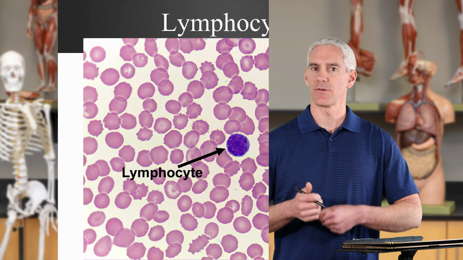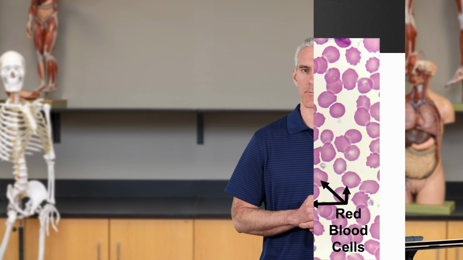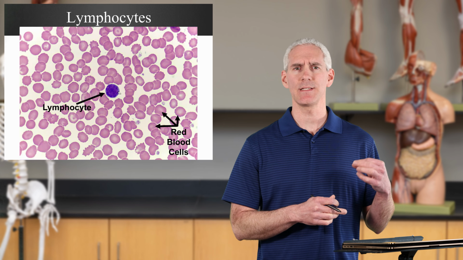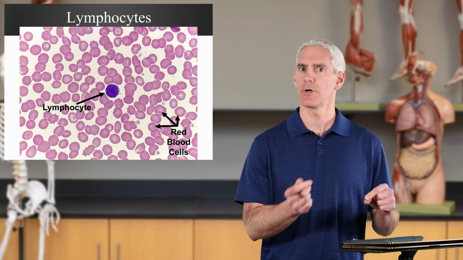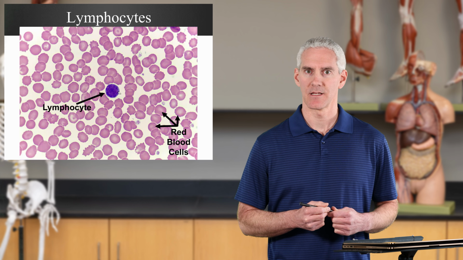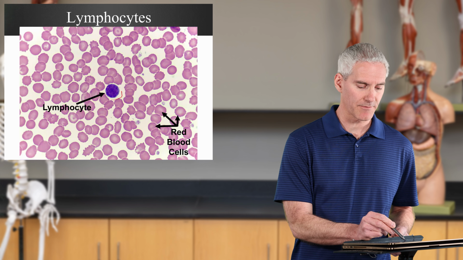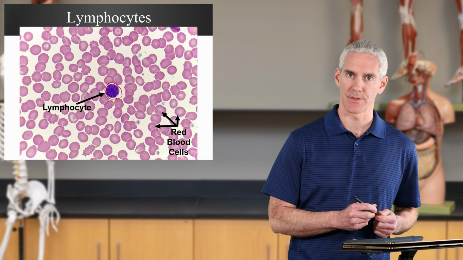So throwing this up to full screen, you'll notice this is your lymphocyte right here in the middle. You can see just a little bit of cytoplasm at the edge right here. Otherwise, it's pretty much a smooth edge all the way around. Now, if you're thinking, how do you identify this compared to a basophil? A lymphocyte's outside cell surface is smooth.